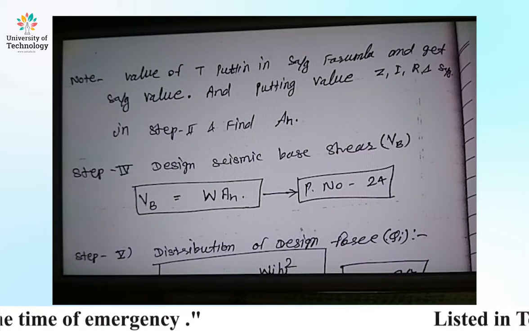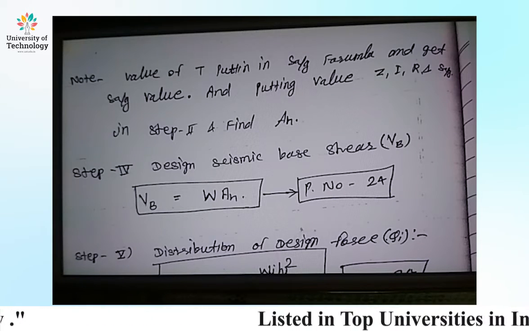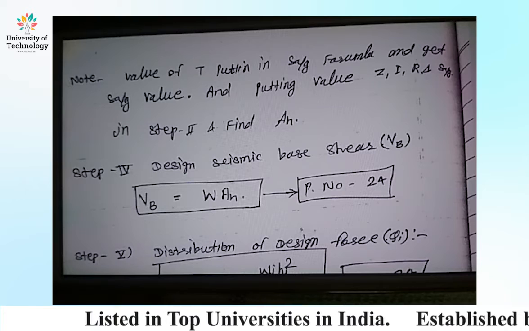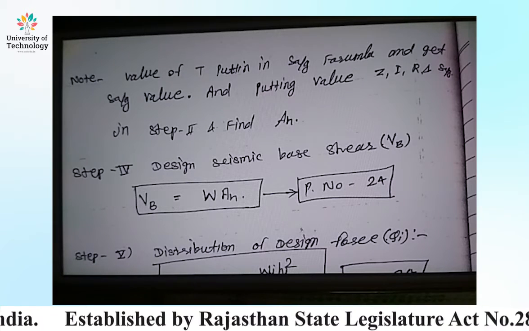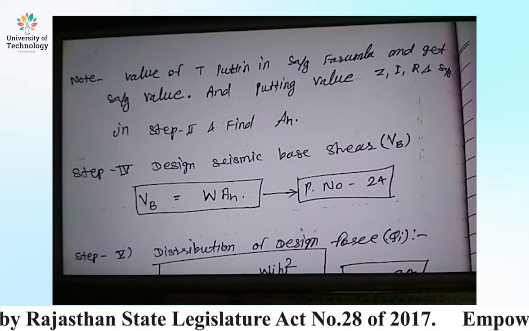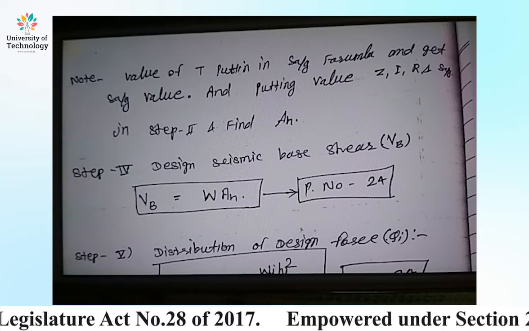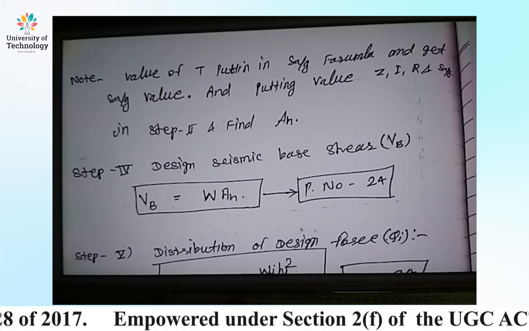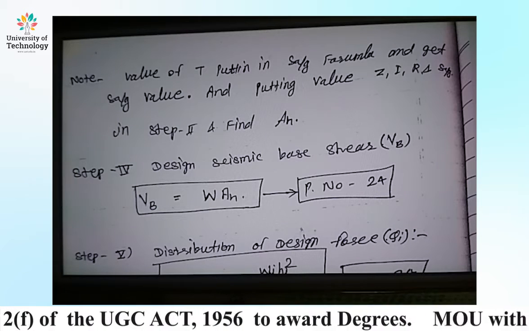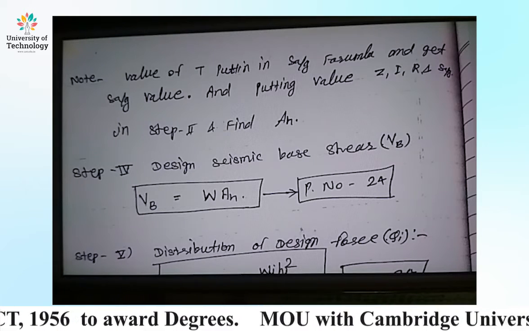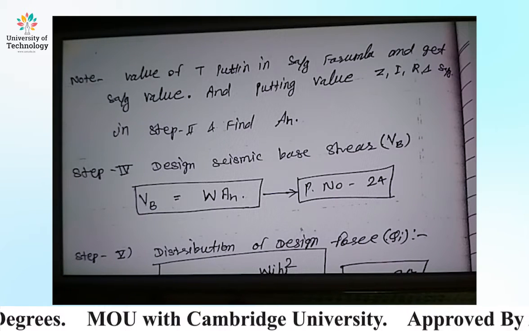So step 4: in step 4, the design seismic base shear is calculated, denoted by capital VB. Capital VB, the design seismic base shear, is equal to W into AH. This formula is given on page number 24.